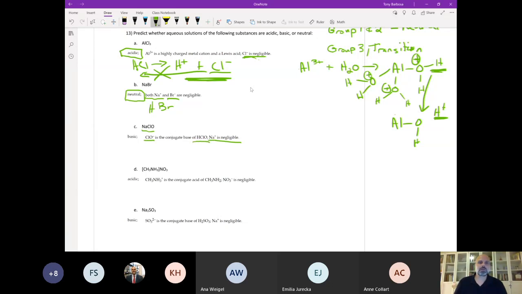So we know that ClO minus will react with water in equilibrium fashion to give us HClO plus hydroxide ions. Let me draw it the other way.